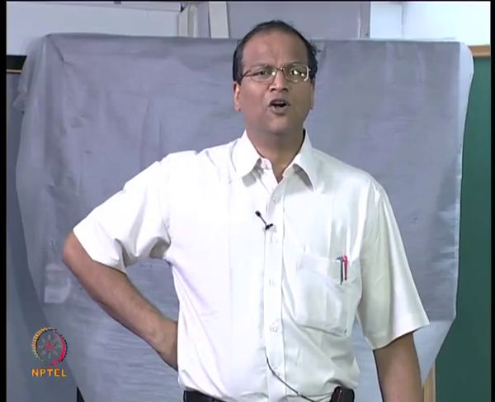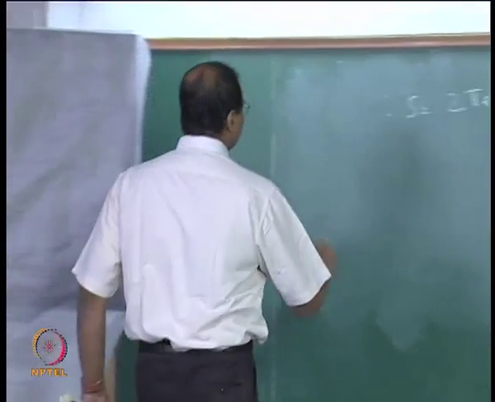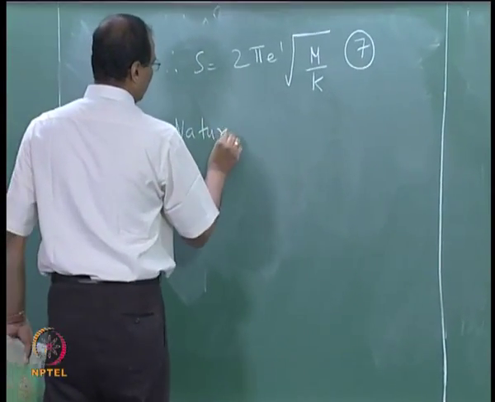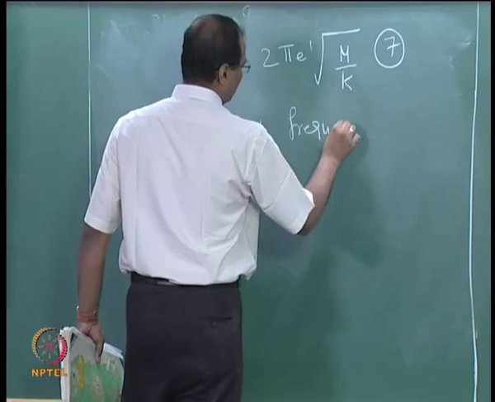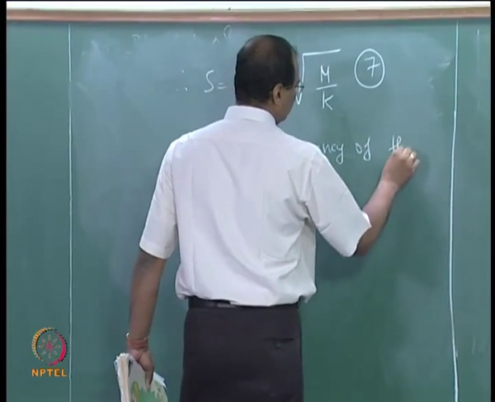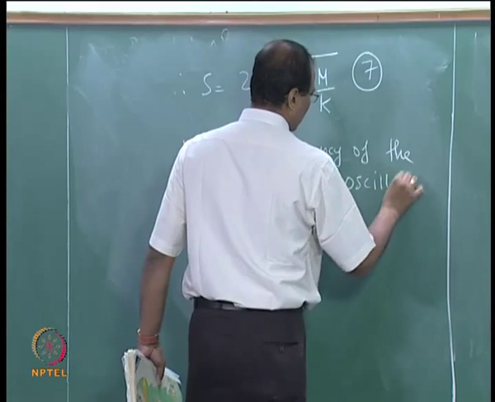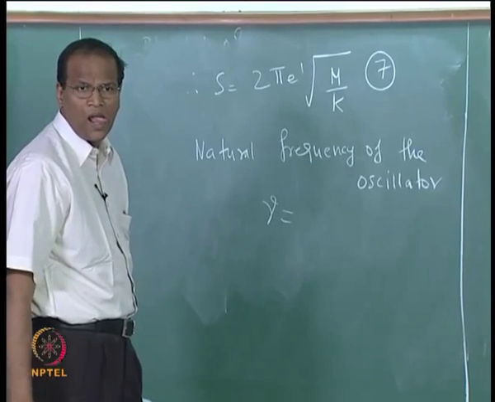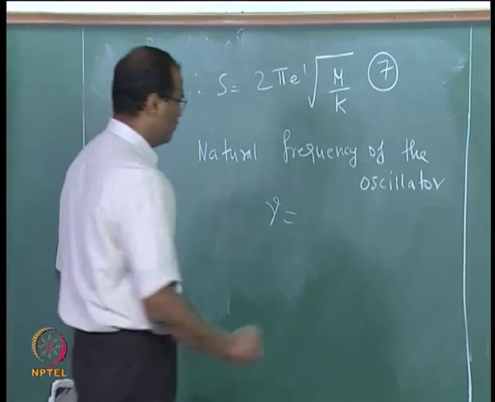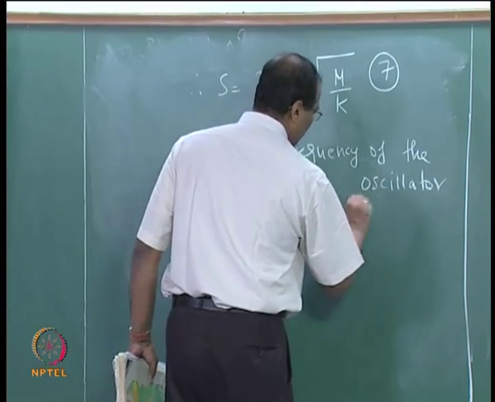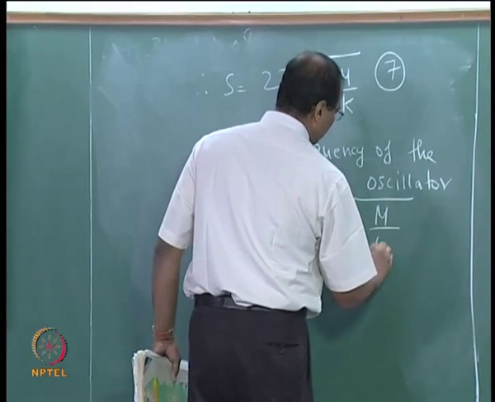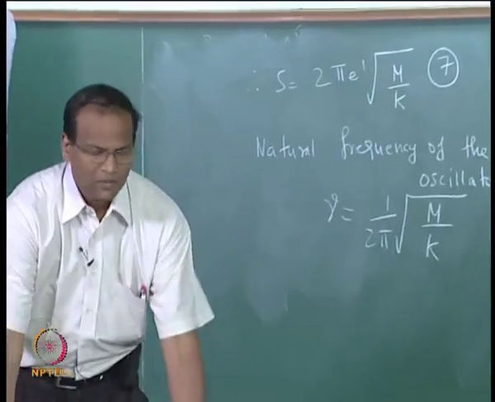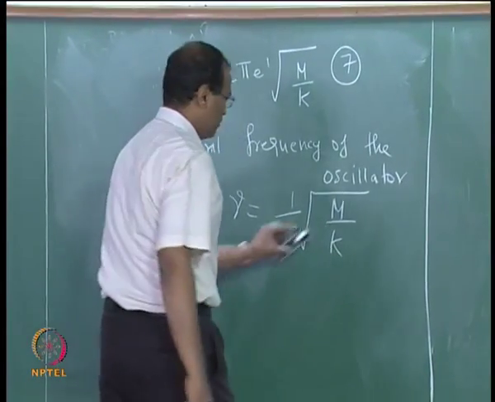What is the natural frequency of oscillation of the atomic oscillator with a spring constant of k and a mass of m? So, the natural frequency nu will be 1 by 2 pi, correct? 1 by 2 pi root of m by k or k by m, k by m.